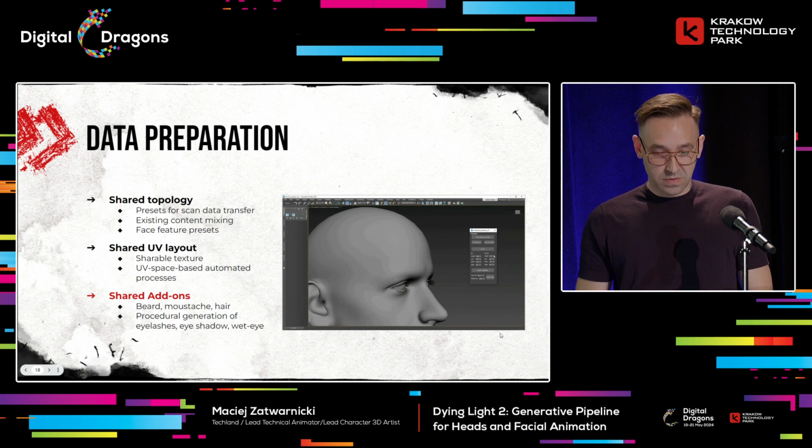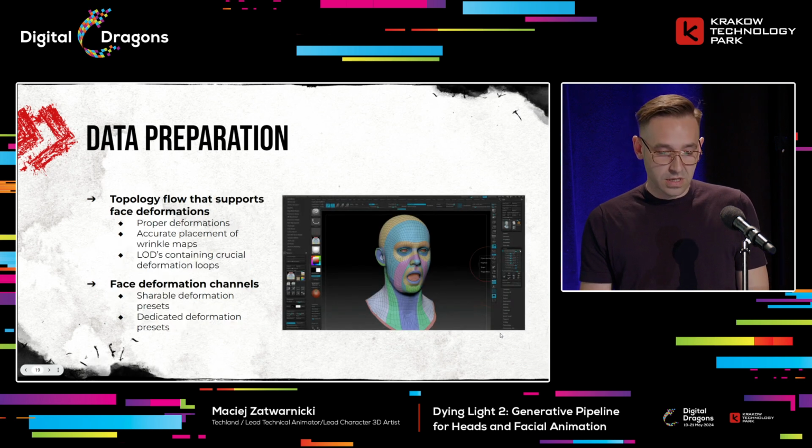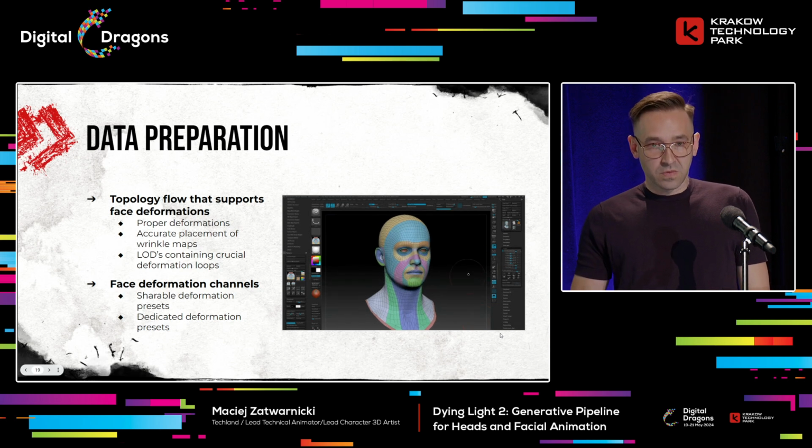So this is the part where we prepare the mesh. But this mesh part is also important for further animation. So in here, this part of data preparation, which is still based on mesh, covers loops which will later on be important for animation itself.